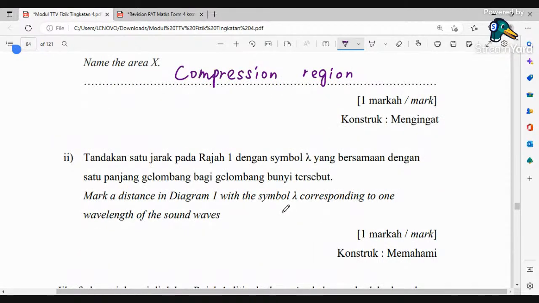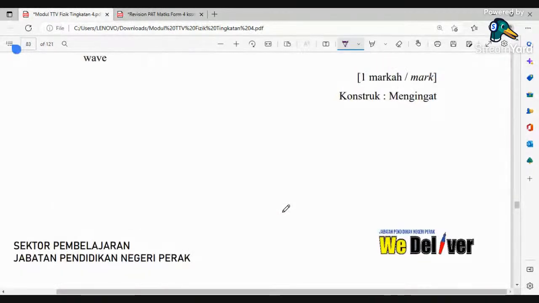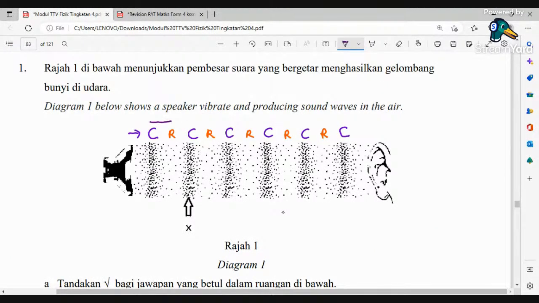Okay, part 2, mark a distance in diagram 1 with symbol lambda corresponding to one wavelength of sound wave. Okay, so you all boleh tandakan compression and compression as lambda, or rarefaction and rarefaction also is lambda.